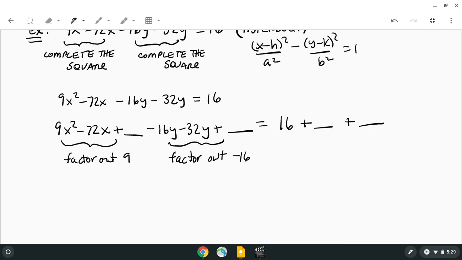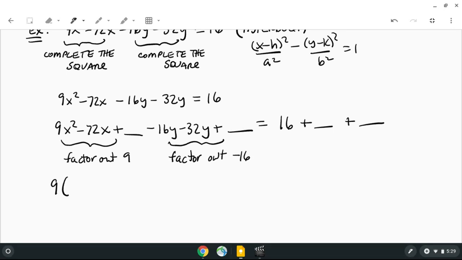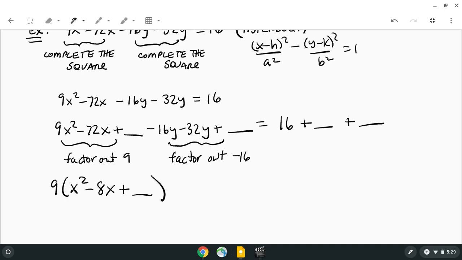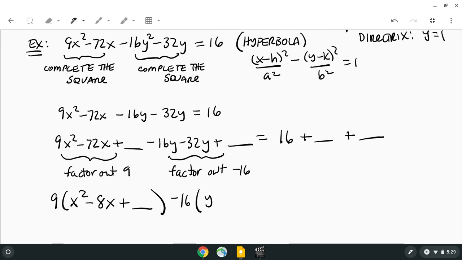All right, so here I'm going to factor out a 9, and I get x squared minus 8x plus something. Very important that the plus something is inside the parentheses. And this one, we said we're going to factor out negative 16. See how I get 1 now? y squared. Oops, I forgot my square.